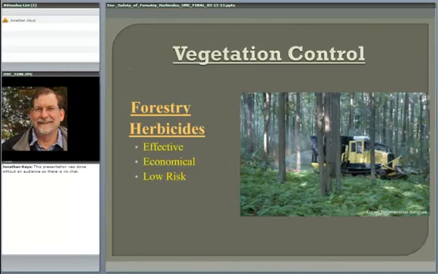Well, let's talk about vegetation control with forest herbicides, the benefits of using these materials, and some of the concerns. The first question that comes up is, are they effective? Well, there's been extensive research and commercial work that have resulted in very specific herbicide recommendations for controlling everything from different types of trees to ferns to grasses to many of your invasives.